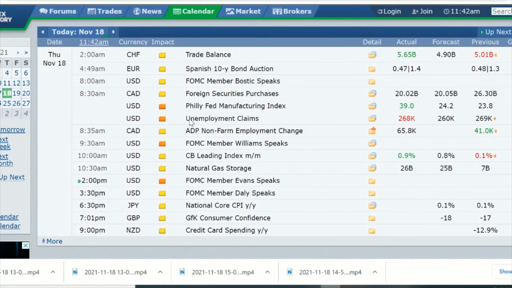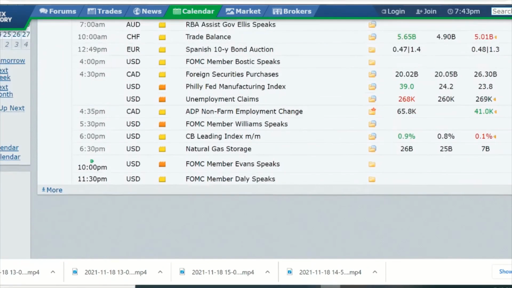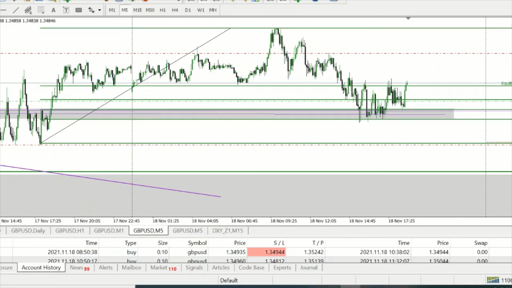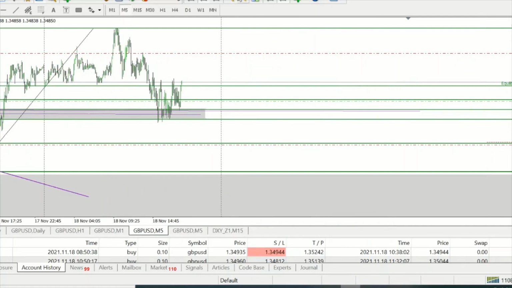Kuna jamaa mwingine ataweza kuongea leo usiku. Leo imekuwa FOMC meetings, and he is going to speak saa 4. So saa 4 akiongea market itapanda. Yeah, so waiting for that FOMC. Ikiwa release, itakuja clear hizi high na iendelee kupanda juu kiasi.